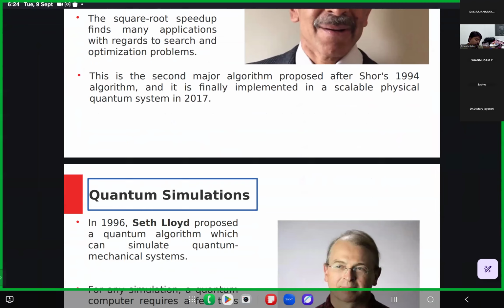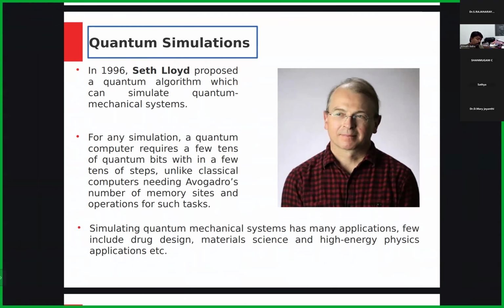After that, Seth Lloyd came and in 1996 gave an understanding of biological processes using universal quantum computing. So finally he achieved the main agenda of quantum computing's invention, the idea sparked by Richard Feynman.